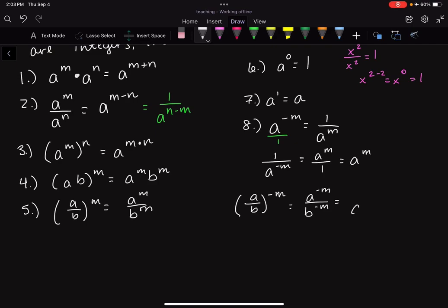So the a will have to come to the bottom and the b will have to go up to the top. Now another way to do this is that you can just flip it without like before distributing. So I could say b over a to the m. So I can flip that way.